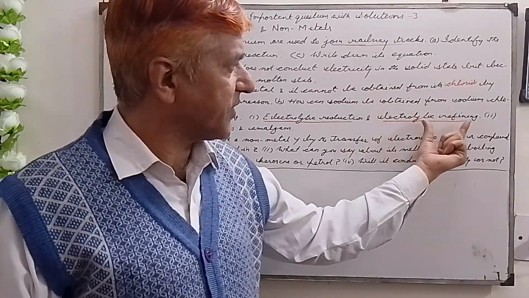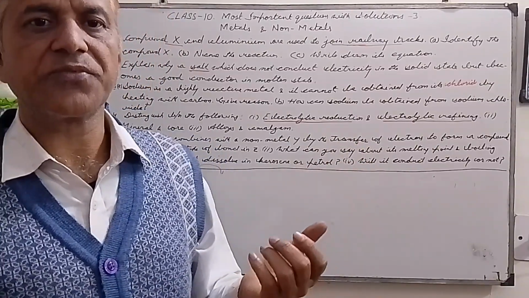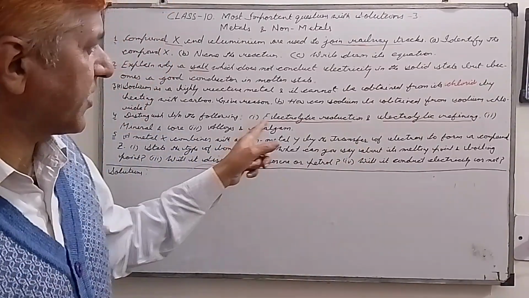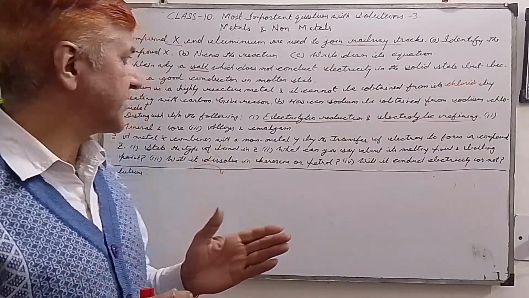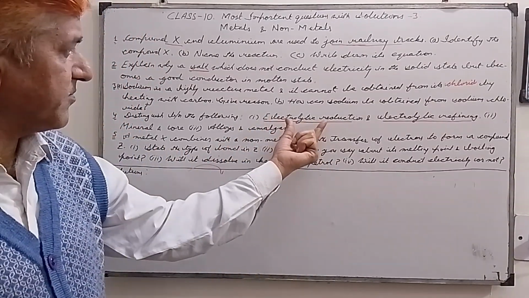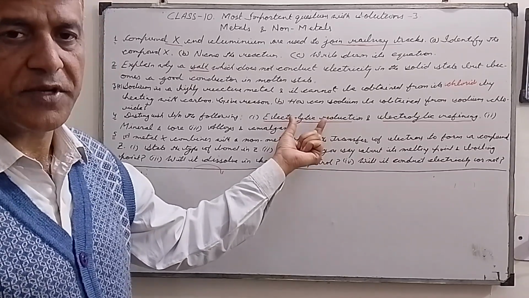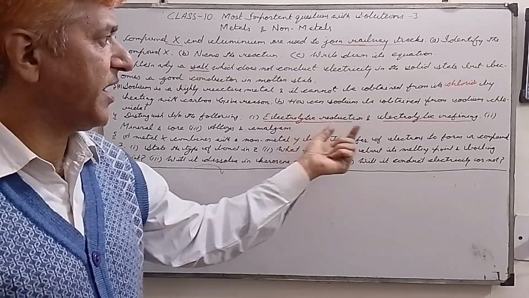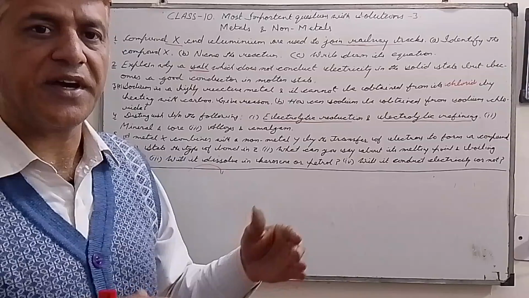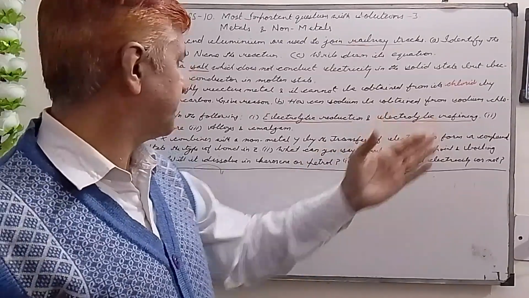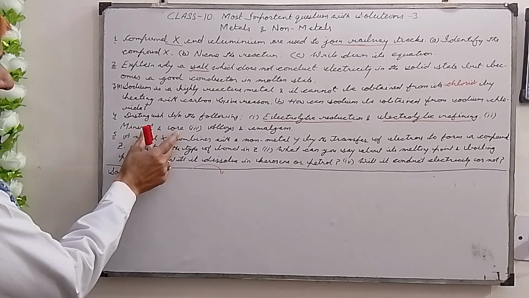So electrolytic refining is used to get pure metal from impure metal, and electrolytic reduction is a process in which we extract metal from its compound. So this is used to extract highly reactive metals, and electrolytic refining can be used to purify any metal which is impure. And then we have distinguish between mineral and ore.